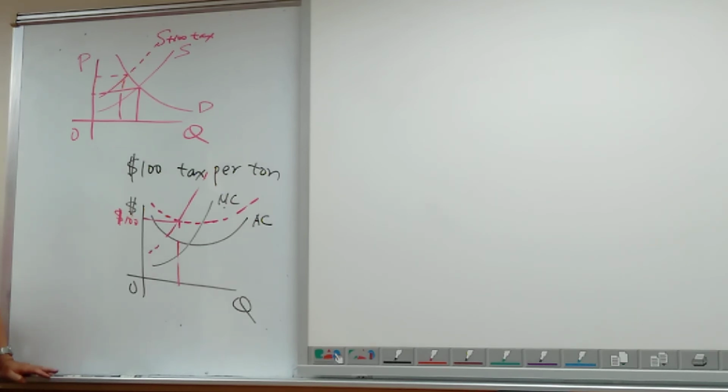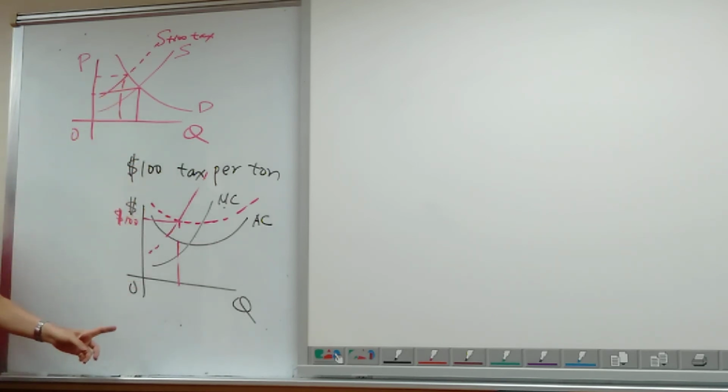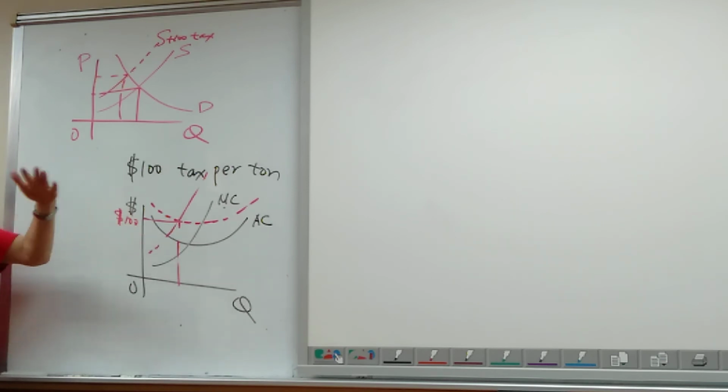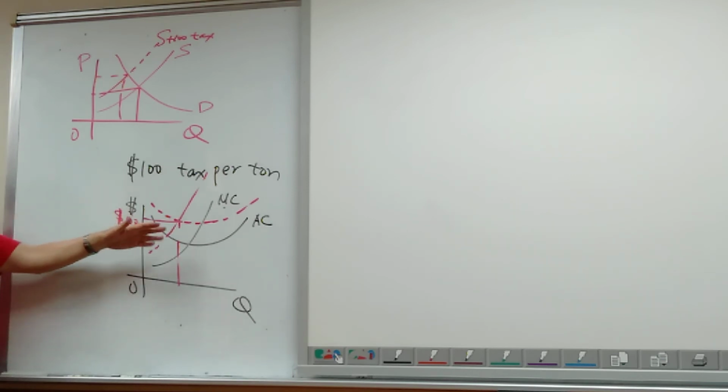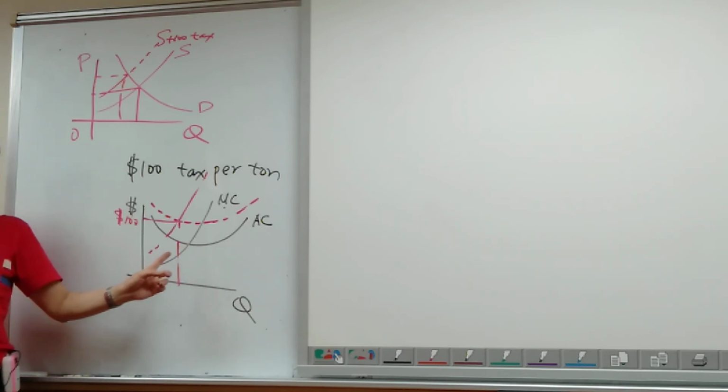Exactly, because of the burden of the tax, the firm is going to say, in the long run, let us say at this point I make economic profit equal to 0, after my opportunity cost.